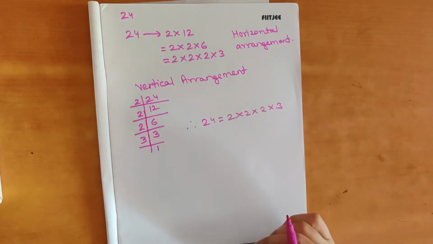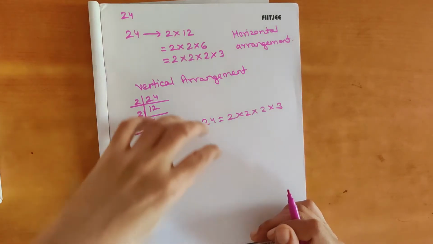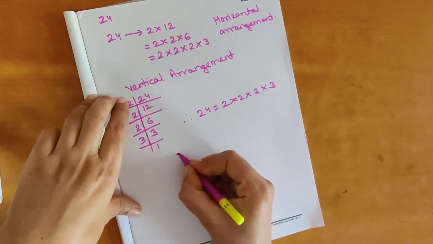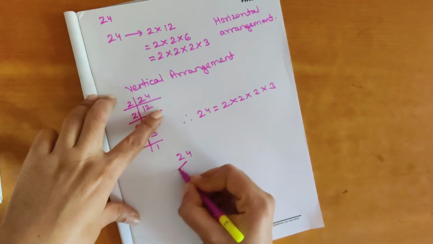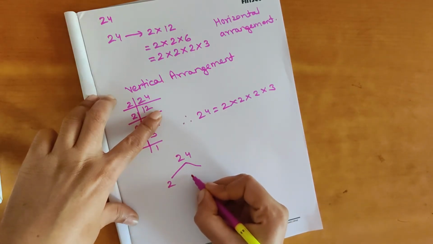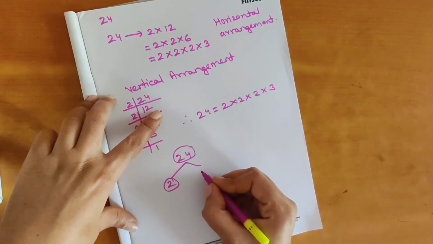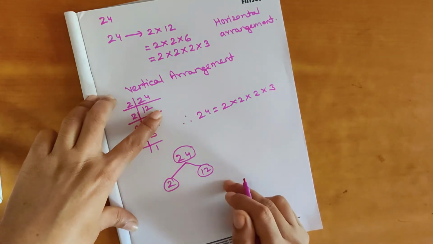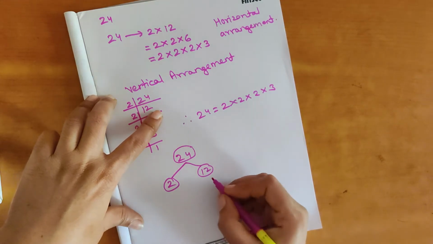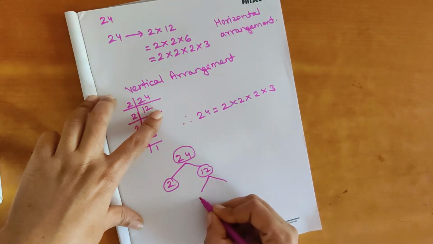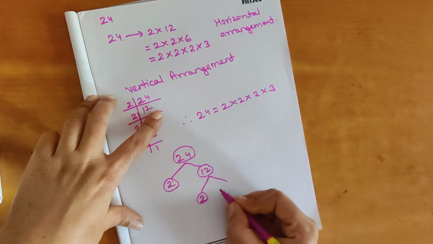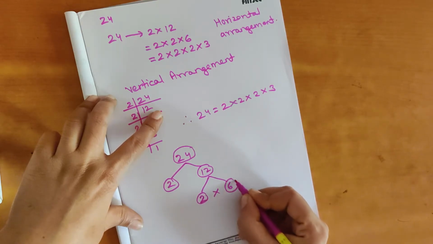Now another method is also there. Same if we are doing 24. I can write 24 as 2 multiplied by 12. Now which one is remaining? 12. So again I can write 2 multiplied by 6.